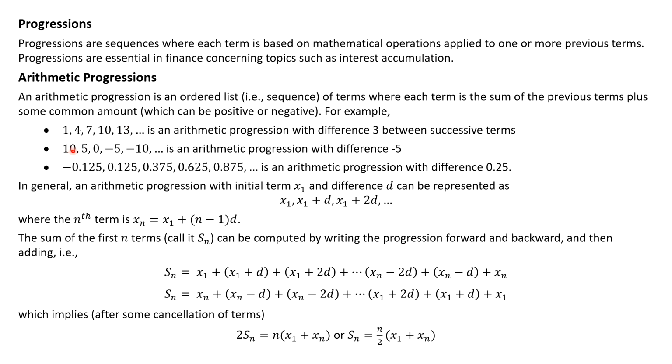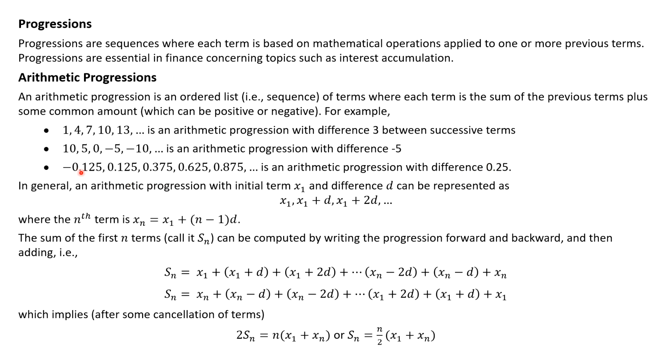And you can also have a negative difference. So here you go from 10 to 5 to 0 and minus 5, minus 10. The third example shows that you can start with a negative number, and you can also have a difference of a decimal.